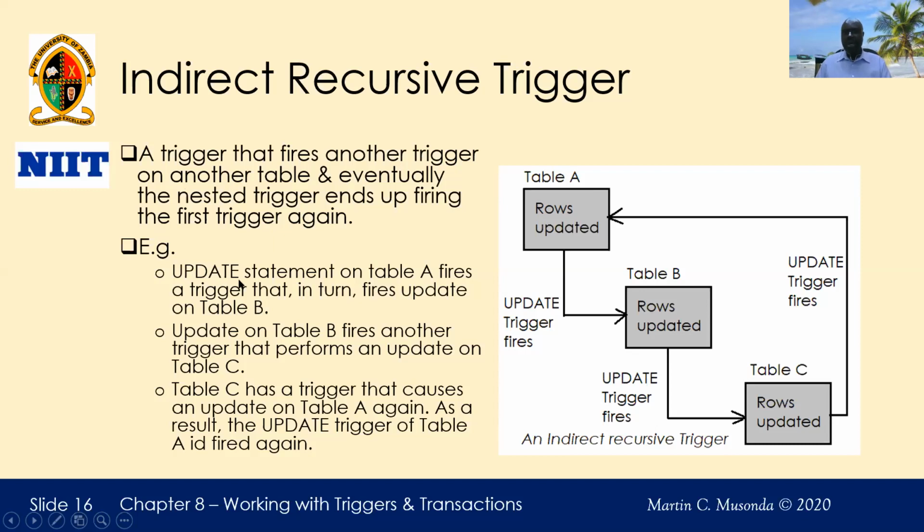E.g., update statement on table A fires a trigger to update table B, and this executes another trigger to update table C, but table C also results in execution of a trigger which is going to update table A. And because table A has been updated, this trigger again is going to be executed. So it forms a loop.